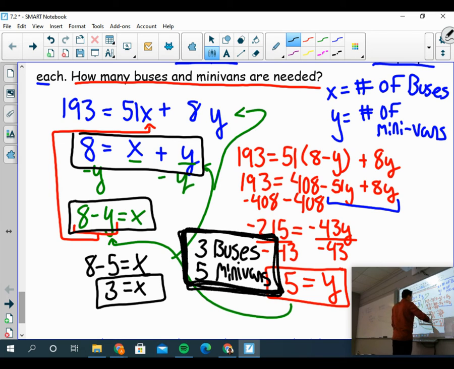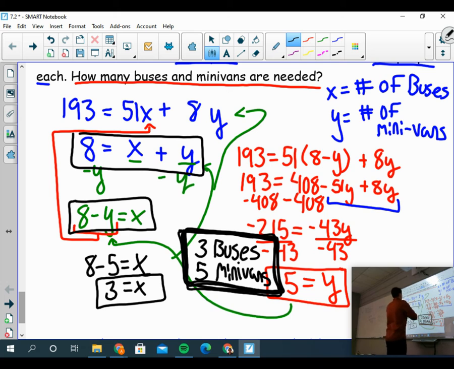Again, how can I check my work? Plug 3 and 5 in for x and y respectively in both your original equations. Again, you could do that in a calculator. If you don't know how to do that, I can show you how to do that sometime. But make sure you check your work.